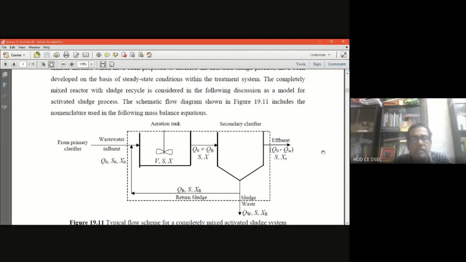Now what is substrate concentration and what is biomass concentration? Substrate means the food, the organic matter, that is the carbonaceous organic matter which we call the BOD, contained in the water, which is food to the organism. That is called the substrate. So S is very clear to you.